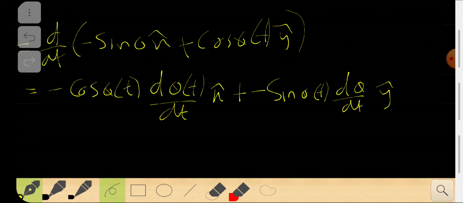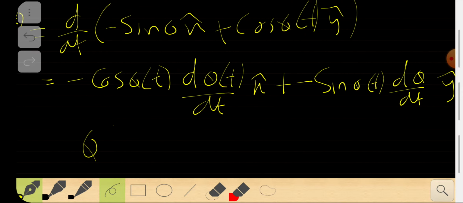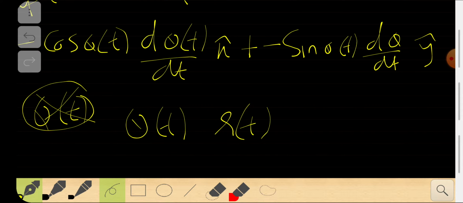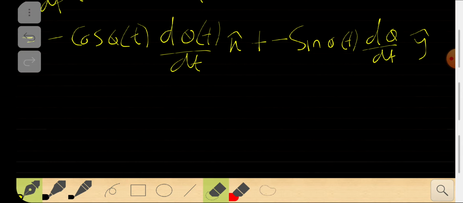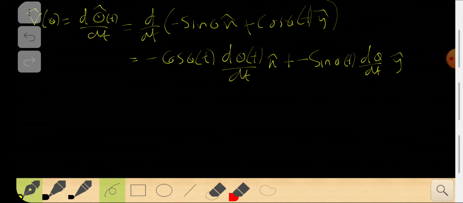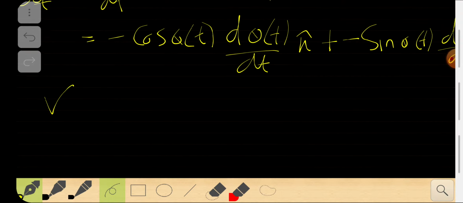So that's what I'm going to get. I'm not going to write theta of t anymore, because it's annoying. You have to remember that theta is a function of time, r is a function of time, and everything else is a function of time. So from now onwards I'm going to write simply theta, right? That's easier.